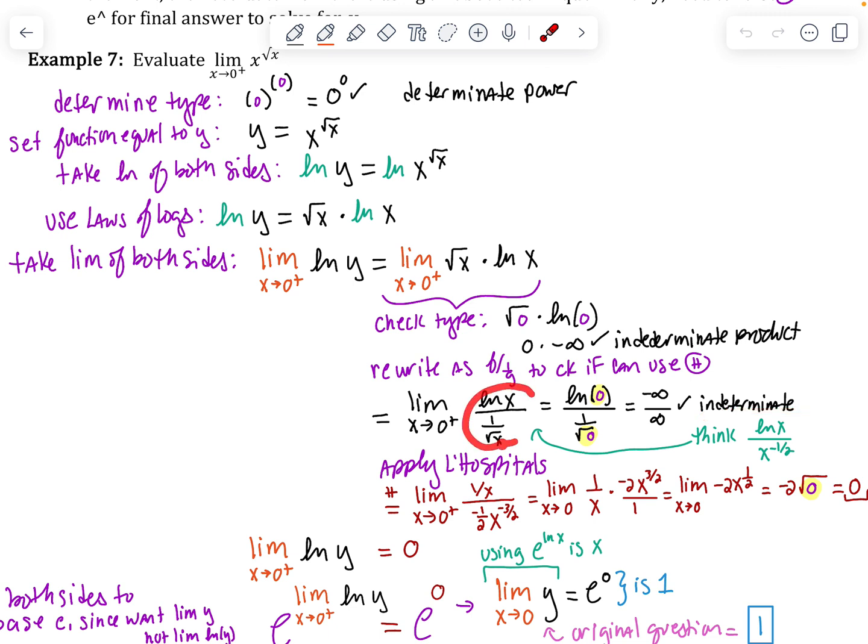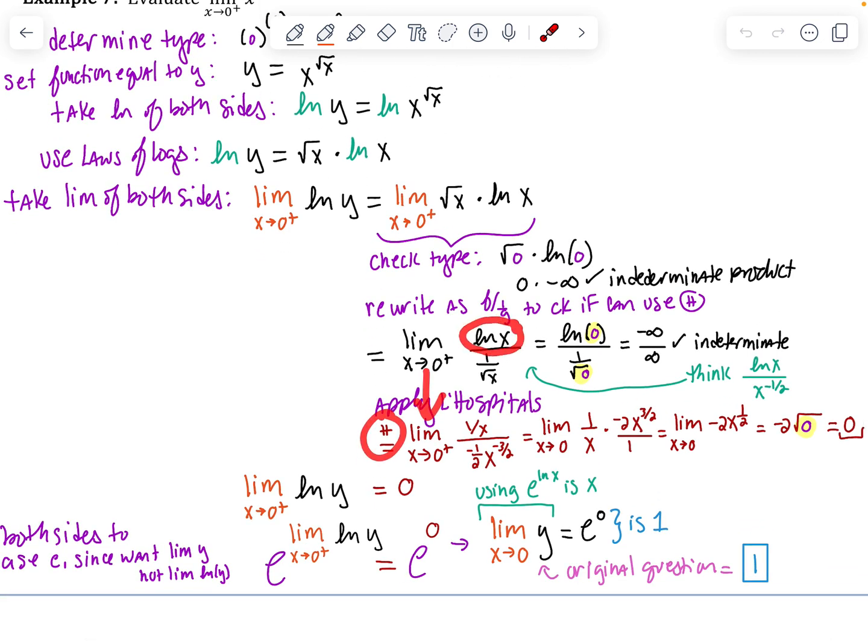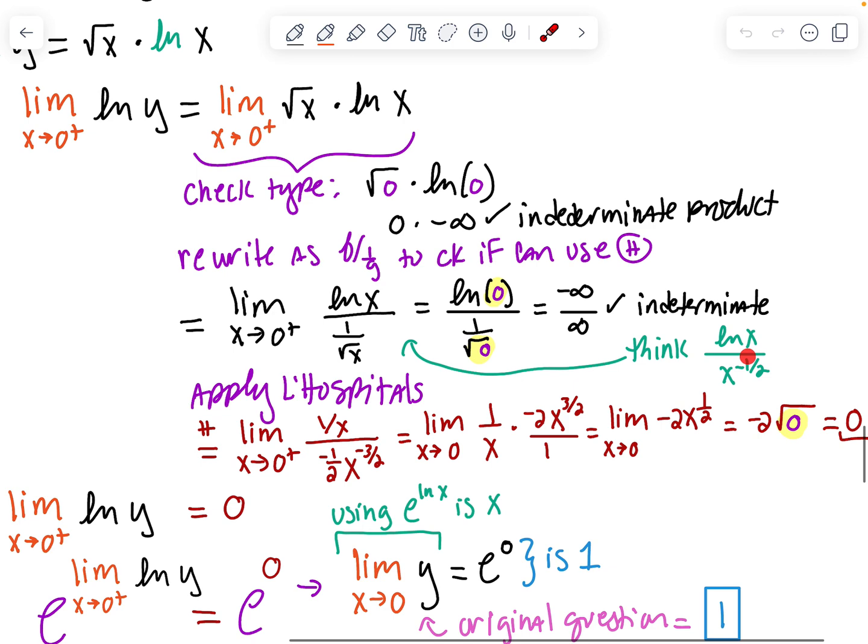So I'm coming back to this original question. I'm using my L'Hospital notation. I'm leaving the limit the same, and the derivative of the natural log of x is 1 over x. Now, when I need to take the derivative of this denominator, I think it's better to think of it as a fractional exponent. The square root was 1/2, but it was in a denominator, so hopefully you can see that it was a negative. So I'm going to take this negative and put it out front in my derivative.